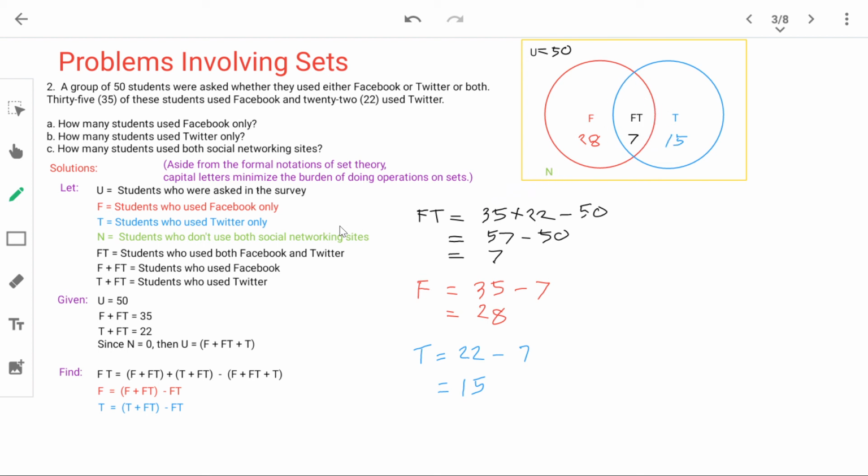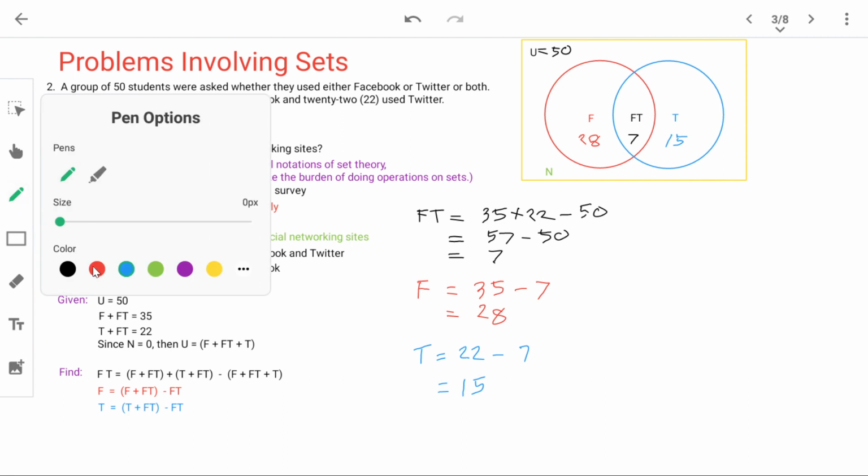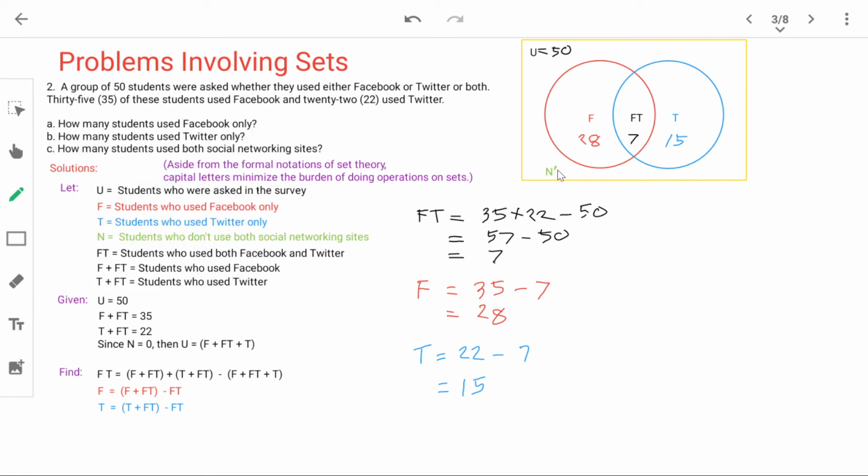We have no students that do not use social networking sites in our survey. So this is equal to 0.